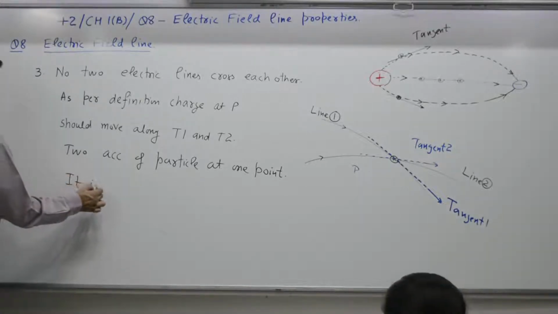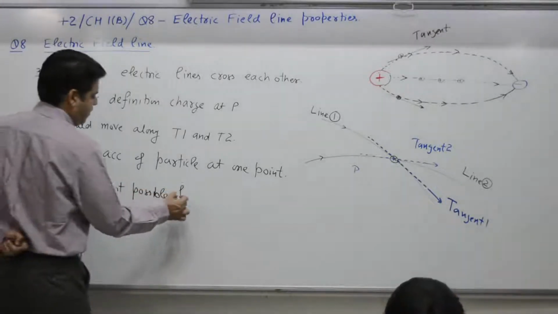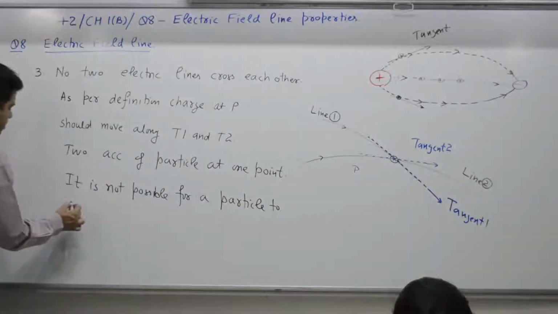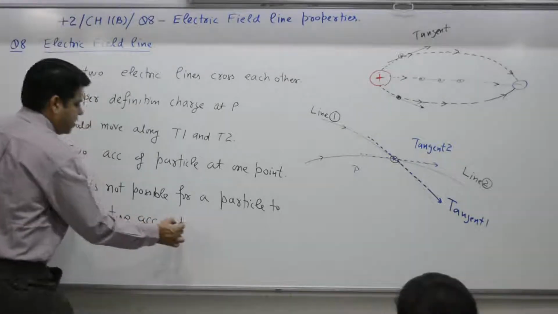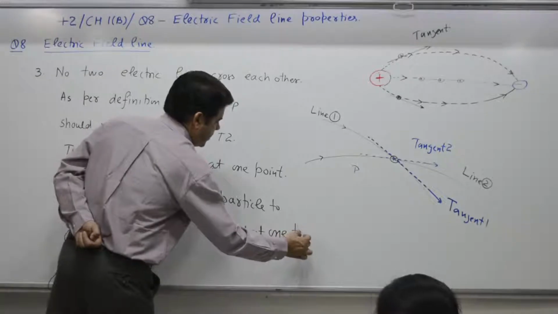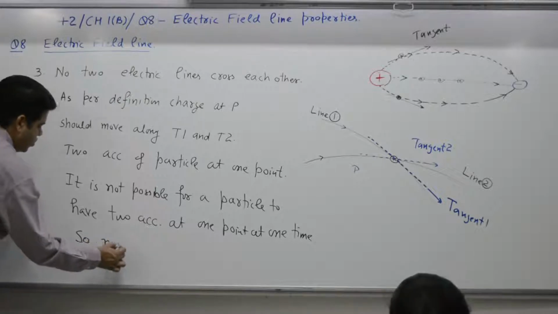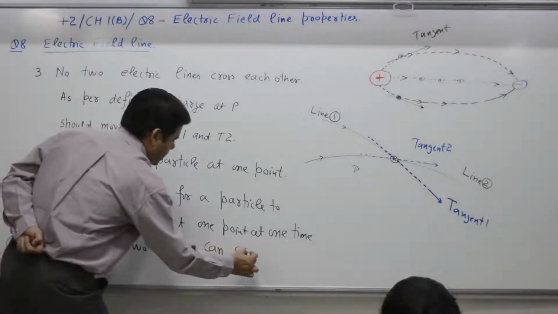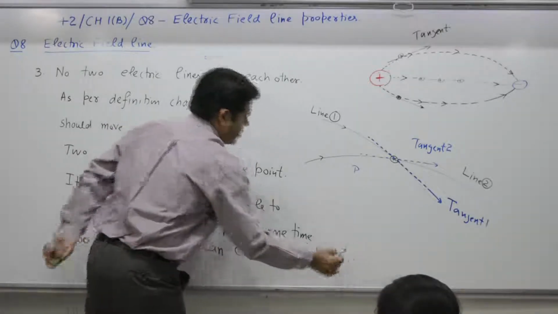It is not possible for a particle to have two accelerations at one point at one time. So no two lines can cross each other. Answering by negation.